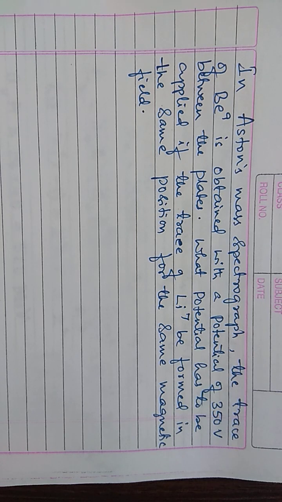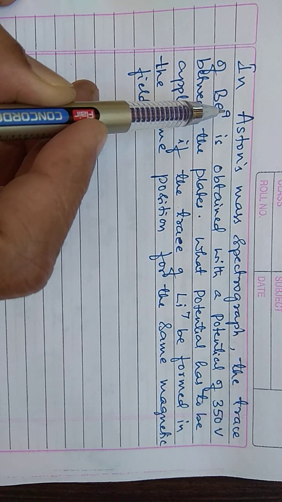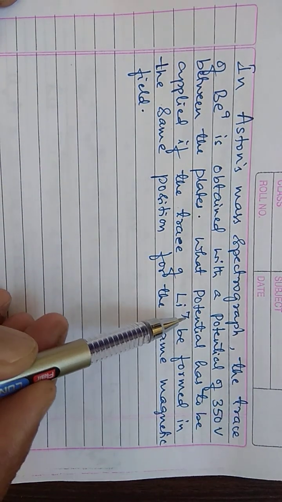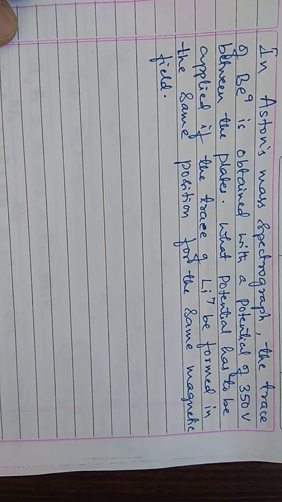What potential has to be applied if the trace of lithium-7 is to be formed in the same position for the same magnetic field? Okay, this is the question taken from Aston's mass spectrograph. Here beryllium 9 represents its mass number, lithium 7 represents its mass number.